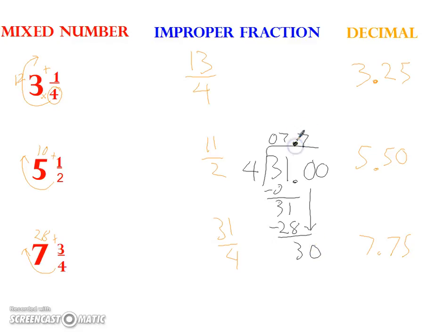Don't forget my decimal points in there. 28, I've got a 2. Bring down my 0, and 4 goes into 20 5 times. So like I say, if you can't remember that 1/4 is 0.25 and 1/2 is 0.50 and 3/4 is 0.75, just take your improper fraction, divide it out, you'll get the right answer.